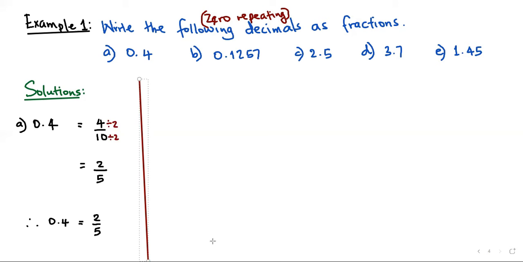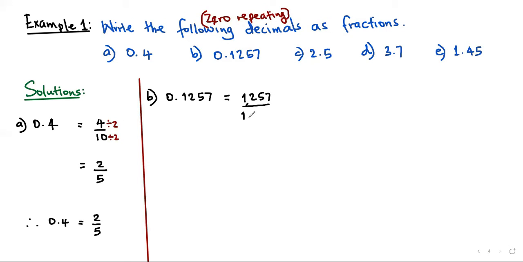Let's get part B. We have got 0.1257. So if we have 0.1257, then we will have 1257 out of, now we consider 1 and then we count how many digits do we have after the decimal point. 1, 2, 3, 4.